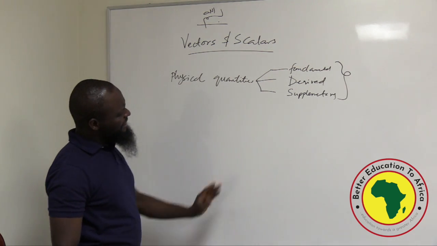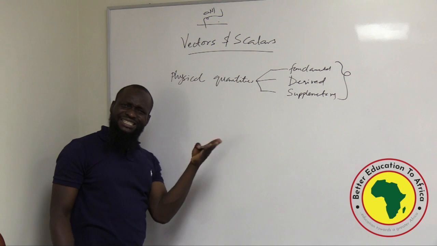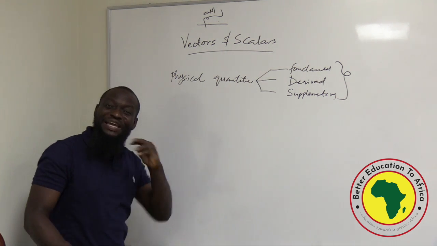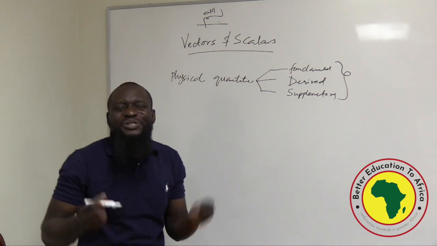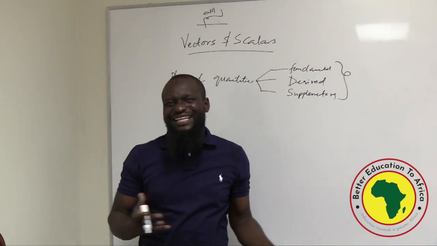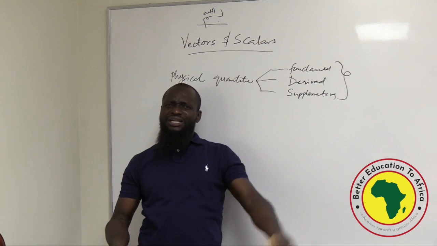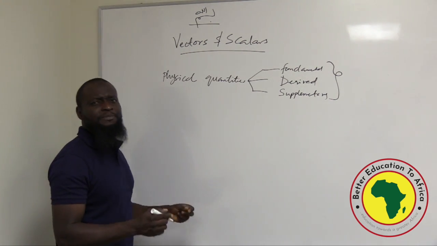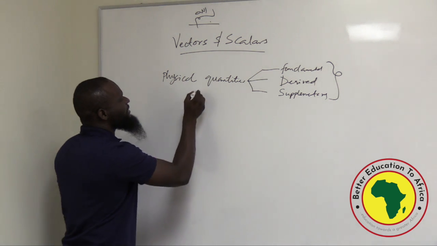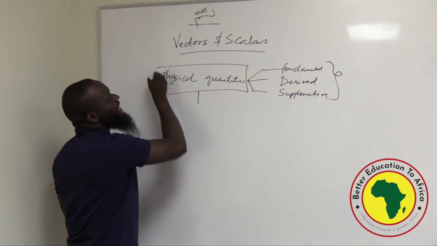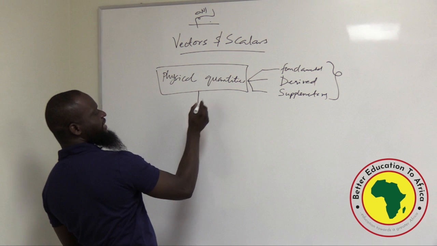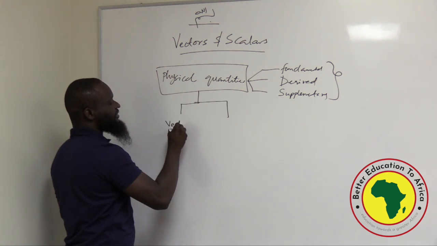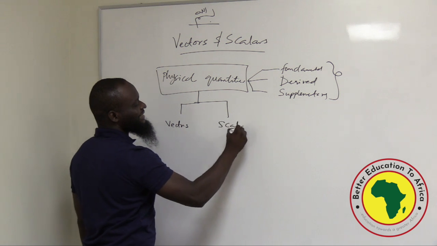Now we want to divide these same physical quantities into some other groups based on some other characteristics. We're not talking about whether they are derived from others. The same physical quantities are going to be divided into two groups, vectors and scalars.